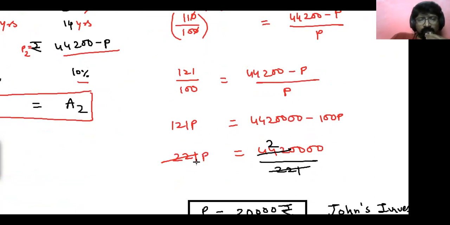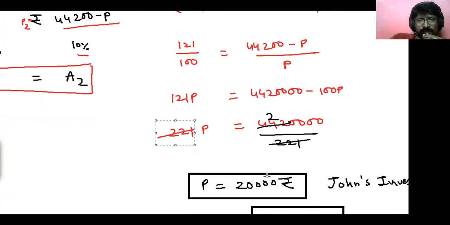Get this on the other side, it becomes 221P, which equals 442 and then 4 zeros. Now if we take this 221 down, 221 twos are 442, and so P will become 20,000 rupees.